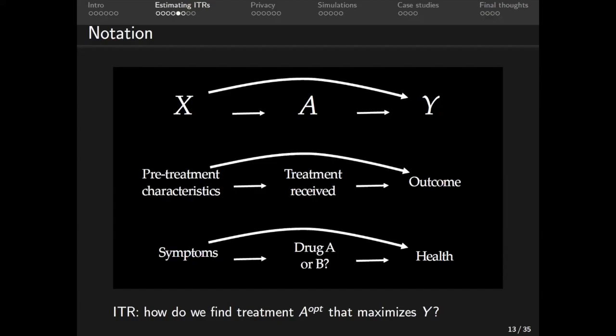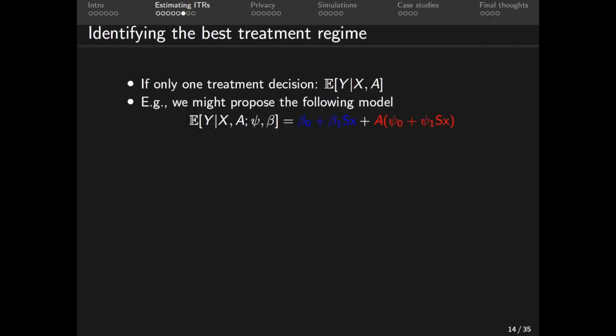So I want to try to figure out how to allocate my treatment A for each given X profile to maximize my outcome Y. So if I only had one treatment decision, I could do something as simple as a linear regression. I'm sorry if the colors aren't coming out so well here.